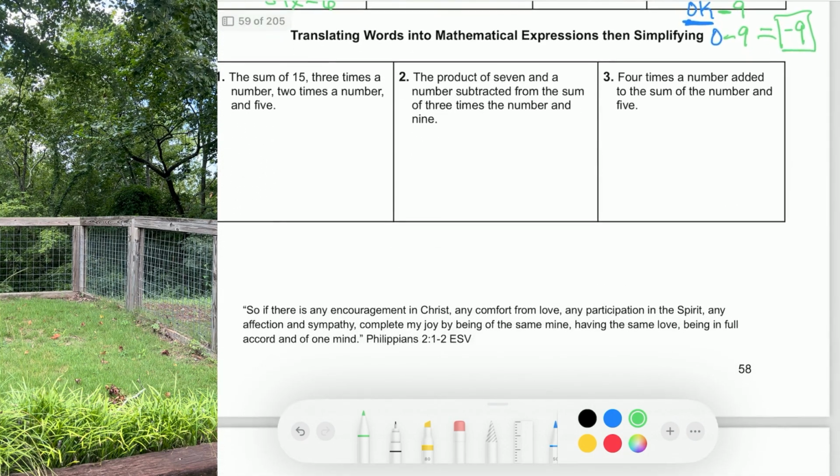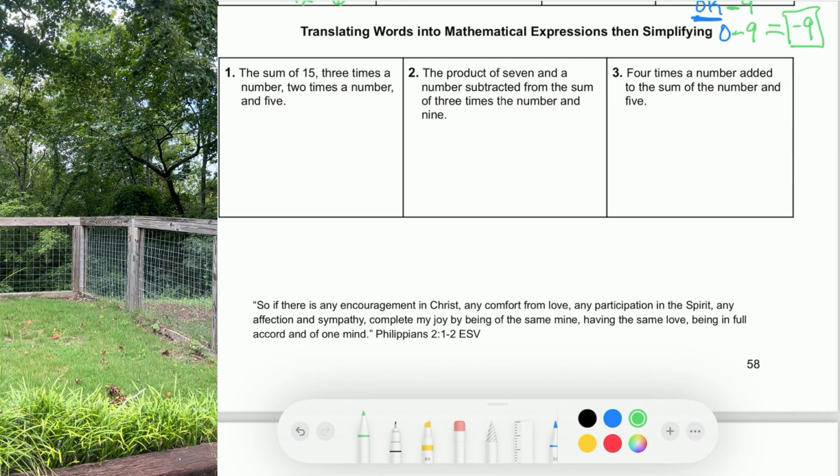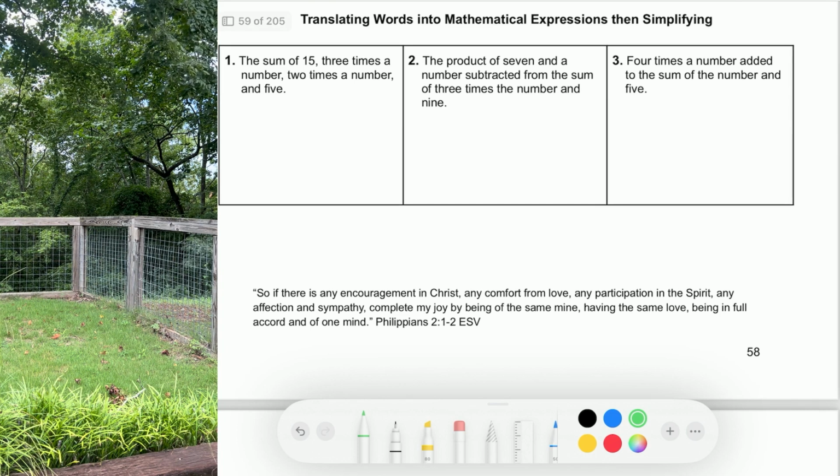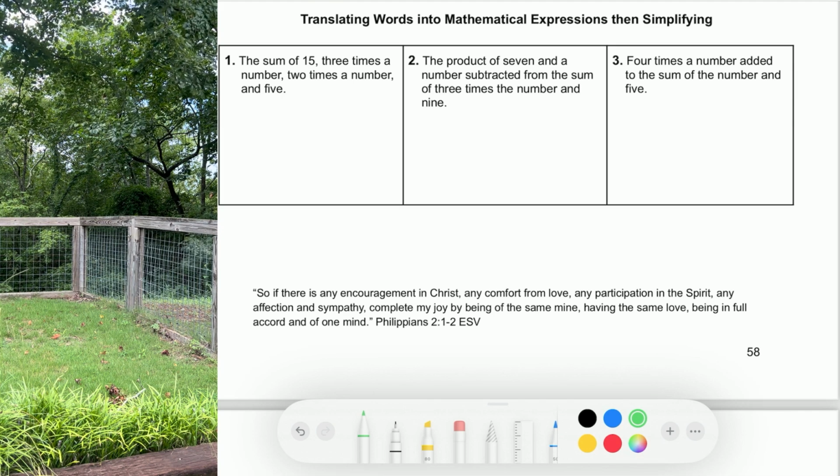Now let's look at translating words into mathematical expressions and then simplifying. Let me erase this here just so it's not a distraction. And we can actually move our page up just a little bit more. All right, so number 1, we have the sum of 15, 3 times a number, 2 times a number, and 5.